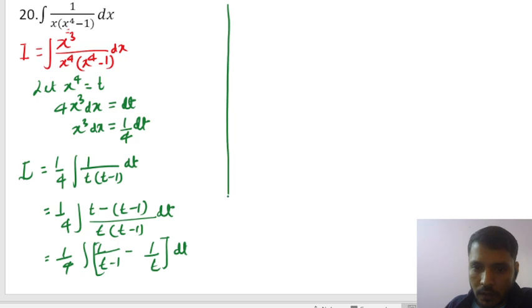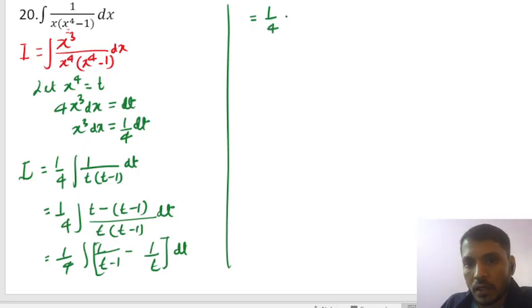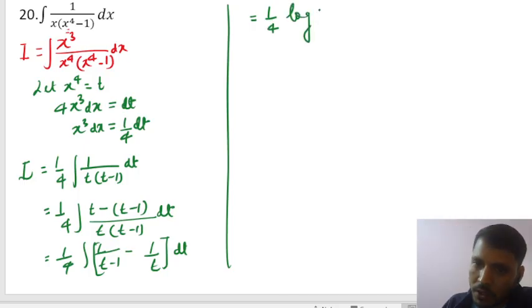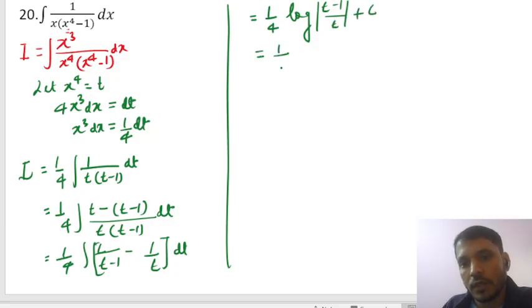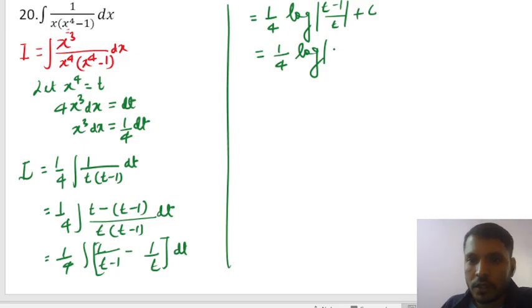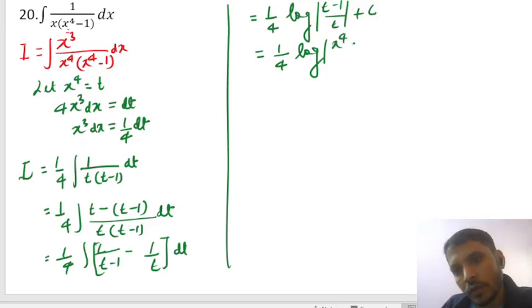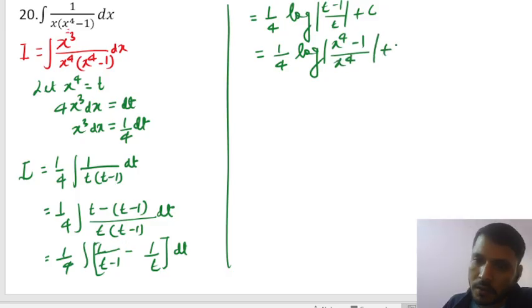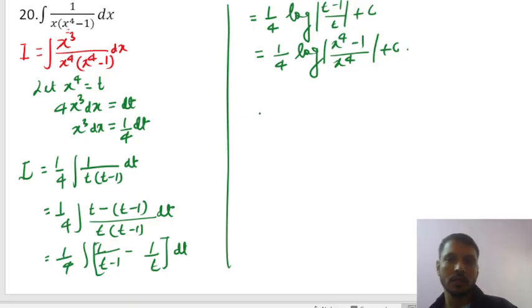Here 1 by 4 is outside, and applying the properties of the log, we get log of t minus 1 minus log t plus c. Now we have to just replace the t with the x term. So t is equal to x to the power 4, and the answer is log of x to the power 4 minus 1 divided by x to the power 4, plus c. So this is the answer of question number 20.